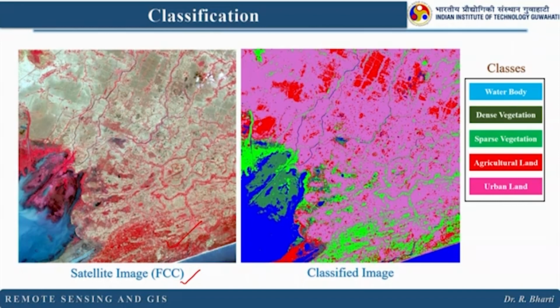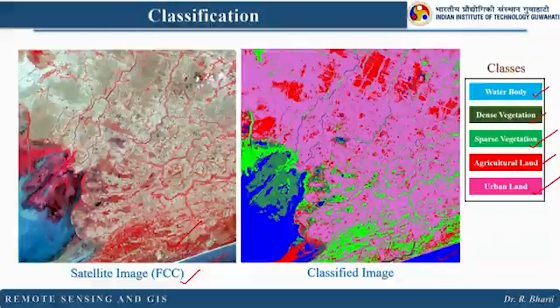If you see this blue color, it is also visible in the image as water, so this blue color is the water body. Then this color represents dense vegetation, this is sparse vegetation, this is agriculture land, this is urban land. This is how we are going to achieve classified images.